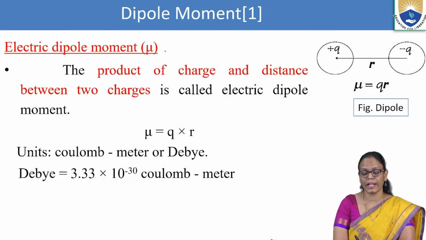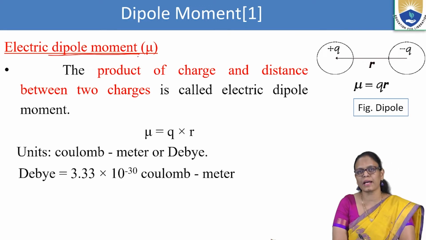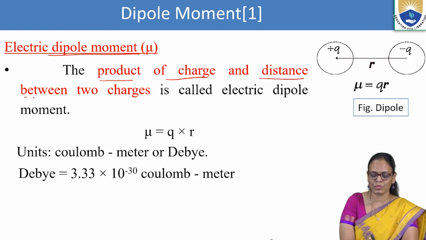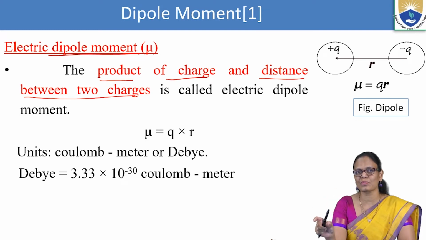Now coming to the electric dipole moment. We simply say dipole moment or electric dipole moment. What is electric dipole moment? It is the product of the charge and the distance between the two charges. We said two charges separated by a distance r form a dipole. Now how do we calculate the dipole moment of the dipole that is formed?